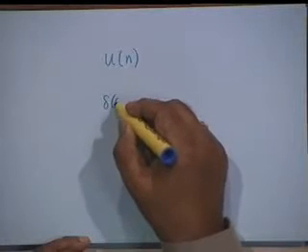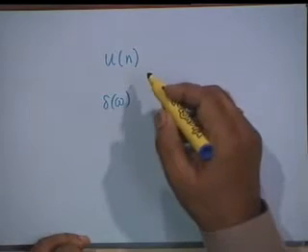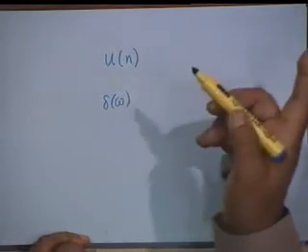And for the existence of the Fourier transform, we have to appeal to the analog delta function. The Fourier transform of such sequences, which are neither absolutely summable nor square summable, shall have an analog delta function.